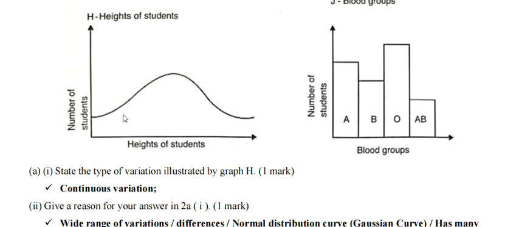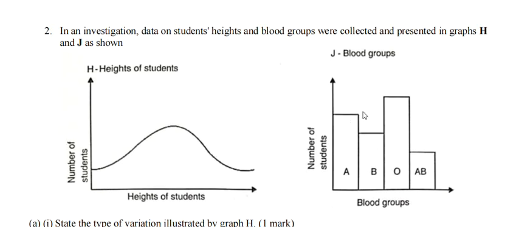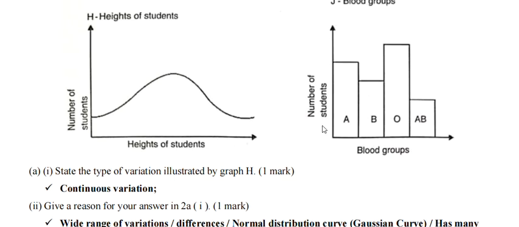You can look at graph H showing height of students, and as you can see, the height of students compared to the number of students: as the height of students increases, the number of students is also increasing, but at this level the number of students starts to decrease. Then we have J, which shows the blood groups.